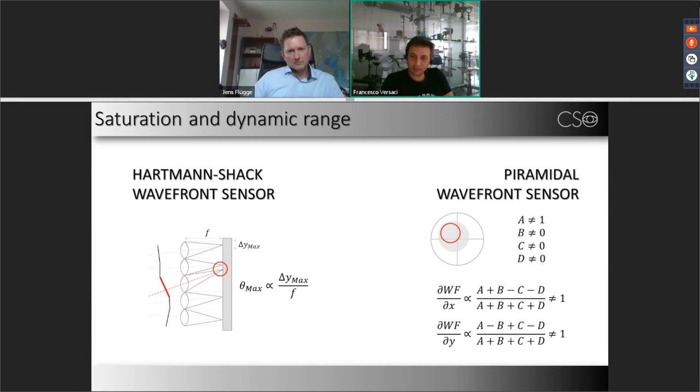So if I have the same amount of local tilt, in this case I'm also hitting faces B, C, and D, and so I won't have a saturated situation on the derivatives.